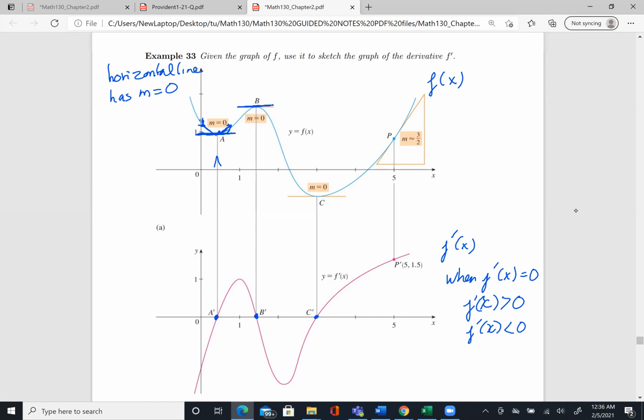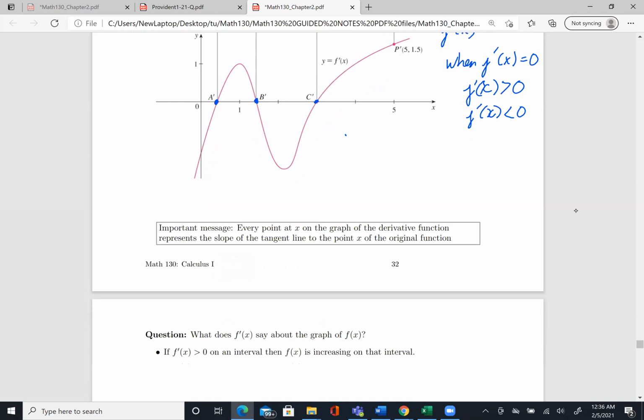So for a horizontal tangent line, it makes the f derivative of x equal 0. So let's move down here.